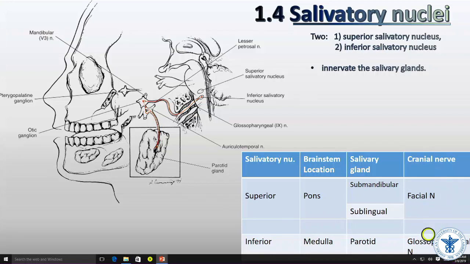So the facial and glossopharyngeal nerves have similar functions when it comes to the visceral and GI tract, but different regions of that. The superior salivatory nucleus and the facial nerve supply postganglionic fibers to the submandibular and sublingual glands, but the glossopharyngeal nerve goes to the parotid gland. So some of the functions of these two nerves overlap.